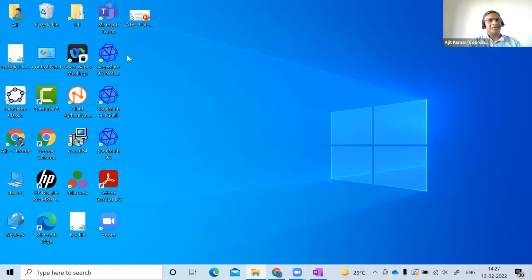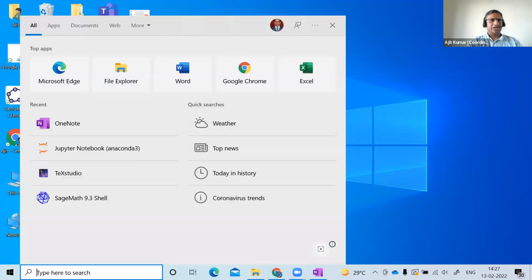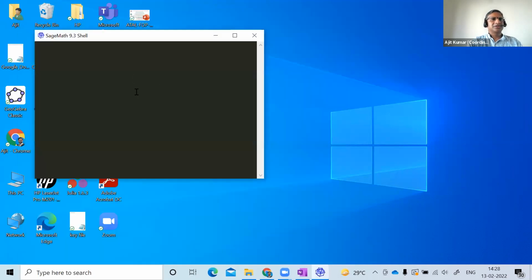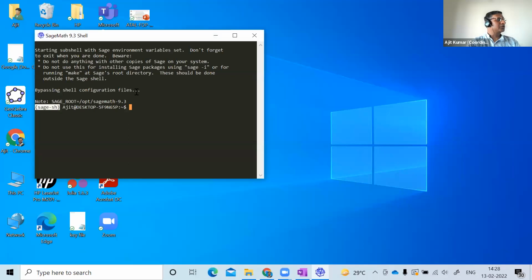Otherwise, you can just click on Sage Math Notebook. It will open the notebook in Jupyter, or you can click on Sage Math Cell, and then cell commands will also work. So let me tell you that. If I say Sage Math, it tells me Sage Math 9.3 cell, so I will click here. This is the Sage Math cell, exactly similar to how it will look in the Linux terminal. Here you can type the command. Let me give the command sage -n jupyter.